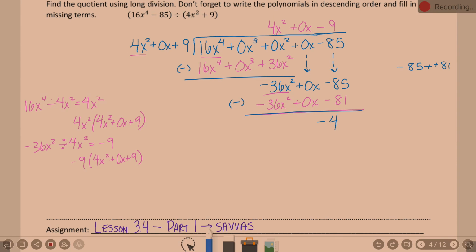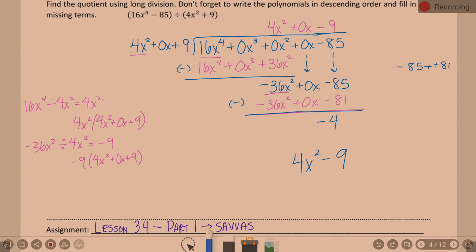Okay, what did it say? Find the quotient. It didn't ask me what the remainder is, it just says find the quotient. So find the answer. How am I going to write this answer? 4x squared. Do I need to write the 0x? No. Minus 9. If there's a remainder of 0, we're done here.